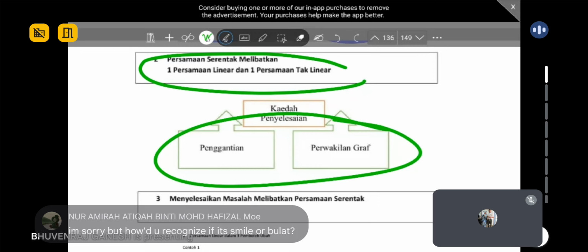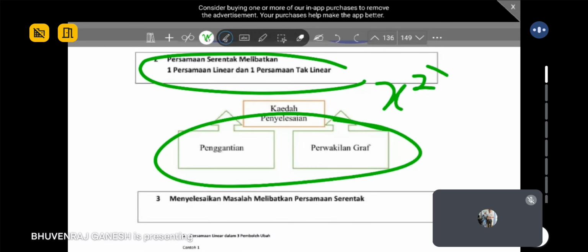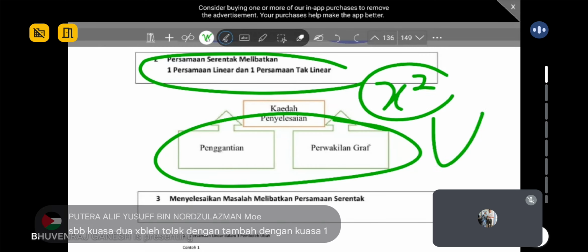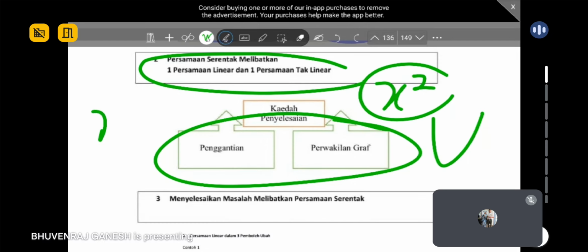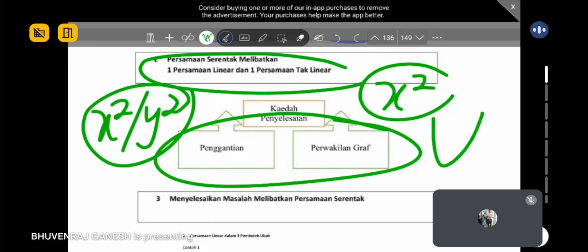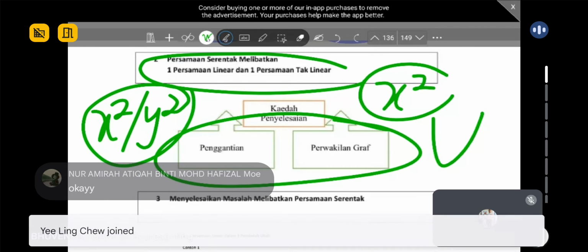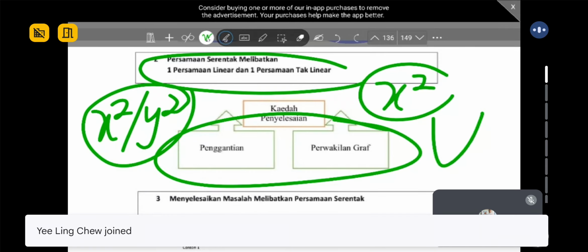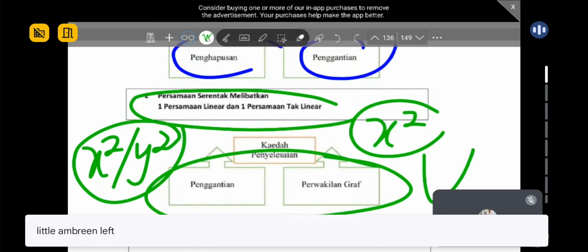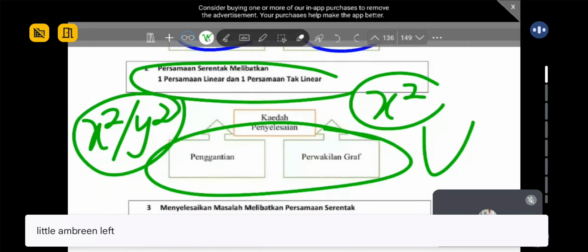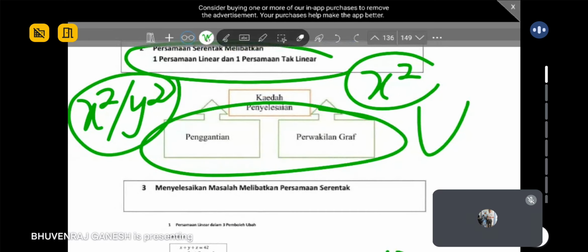If you see X square, quadratic. If you see circle, you will have X square and also Y square, both in one equation. That's why you can see a circle. Sebab kuasa 2 tak boleh. Yes, very good guys. Because linear and non-linear, dia ada dua kuasa berbeza. Betul? They have two different powers.